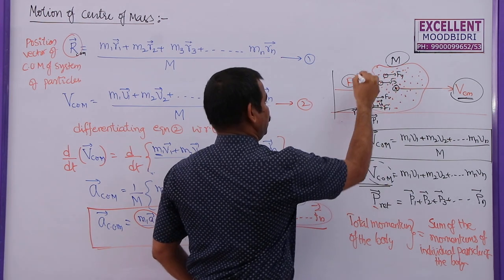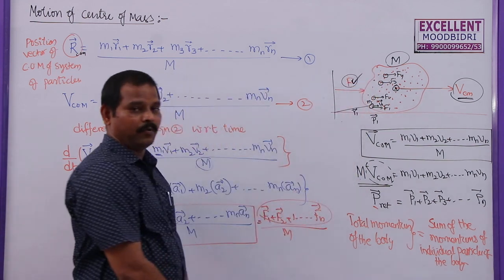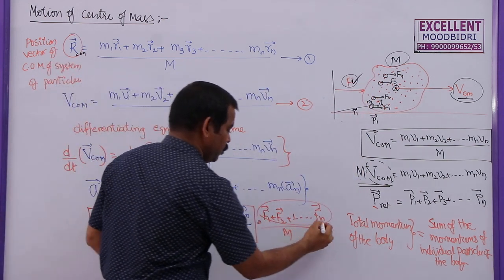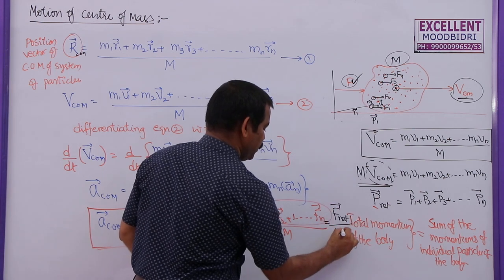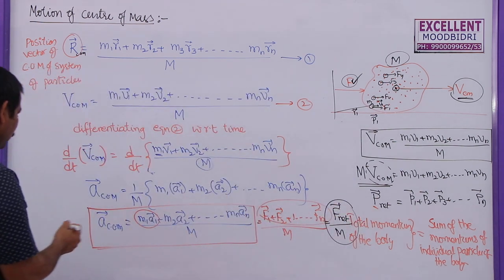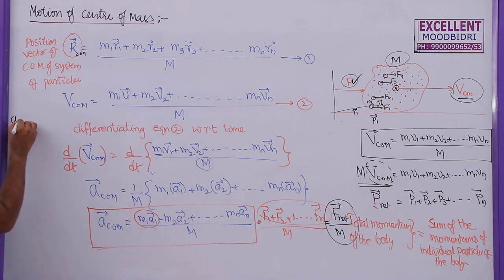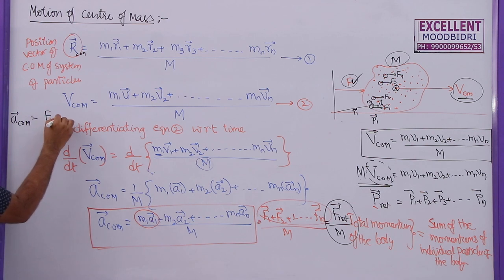If you add all these, you will get the total force acting on the system. So what I am going to write here, this is the total net force acting on the system by total mass. So we can write acceleration of center of mass of the system is given by the net force acting on this body by total mass.